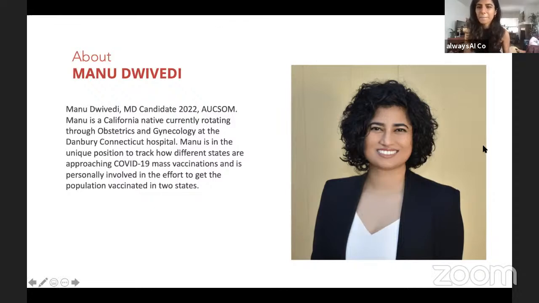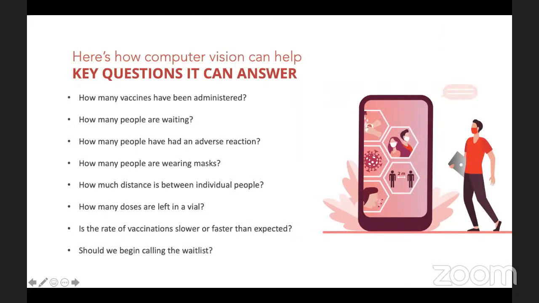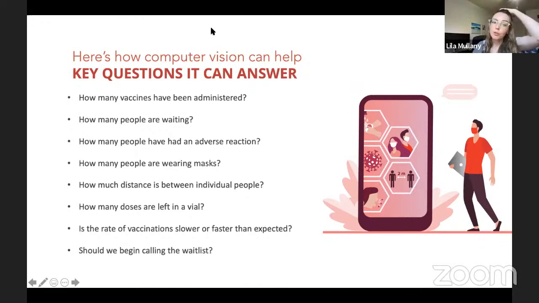Yeah, thanks, Komal, and thanks, Manu, for describing the process. So that really sets us up for talking about how computer vision can help, specifically with this vaccine distribution problem. For all of you here, you're probably interested in computer vision. That's why you're joining the webinar.